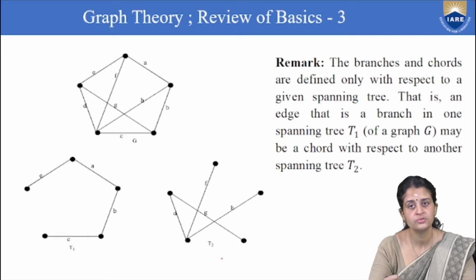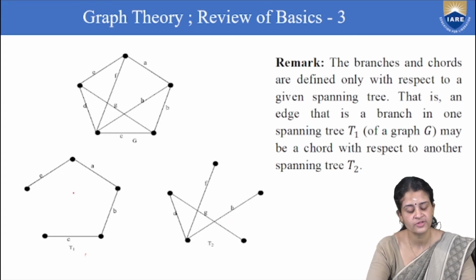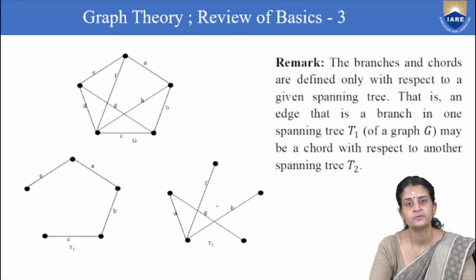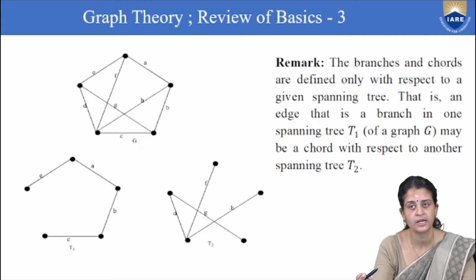Whereas in T2, see what happens: the chords of T1 have changed to branches, and the branches of T1 have changed to chords with respect to T2. So whenever we talk about branches and chords of a spanning tree, we mean with respect to the given spanning tree. We cannot say in general.